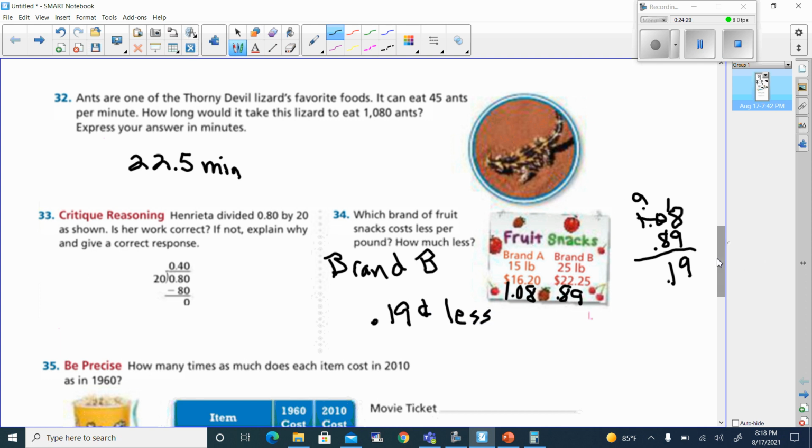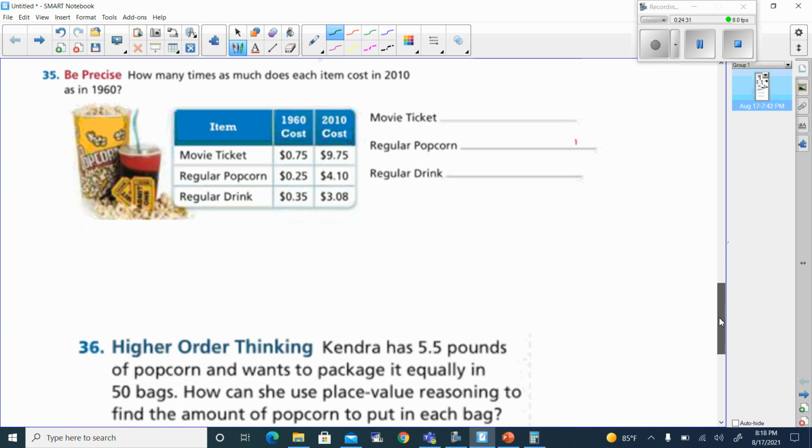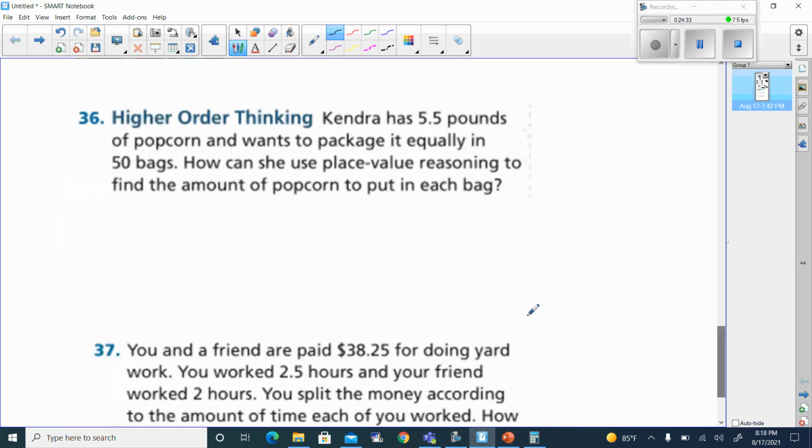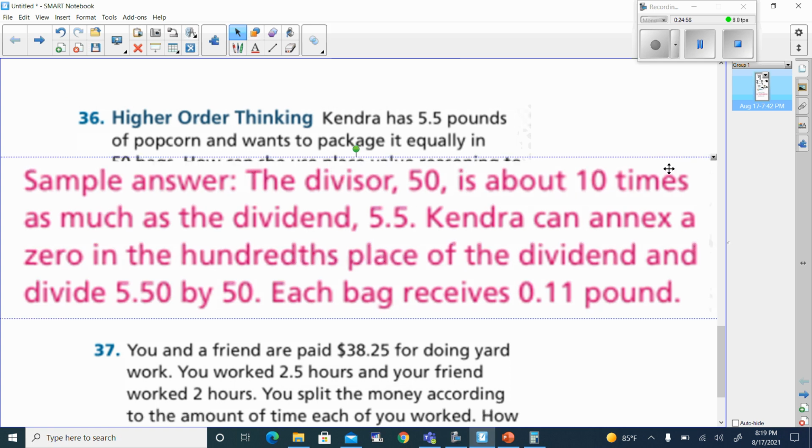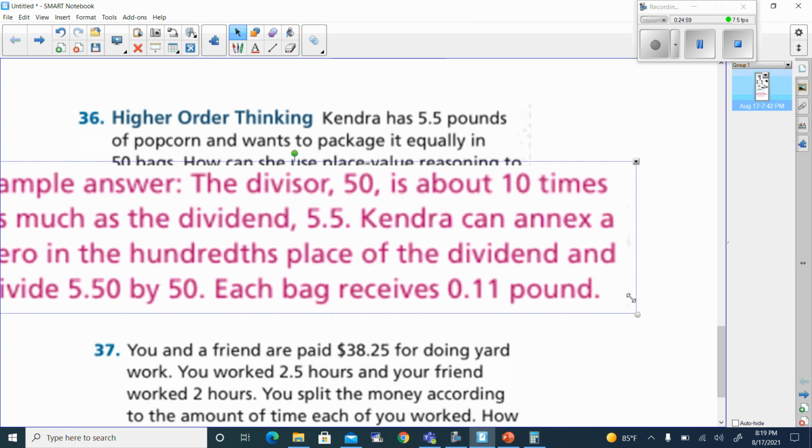All right, let's go down here and we're going to work number 36, last one I'm doing. Kendra has 5.5 pounds of popcorn and wants to package it equally in 50 bags. So how can she use place value reasoning to find the amount of popcorn to put in each bag? And for reasoning purposes, we're just going to go ahead and paste this answer here.